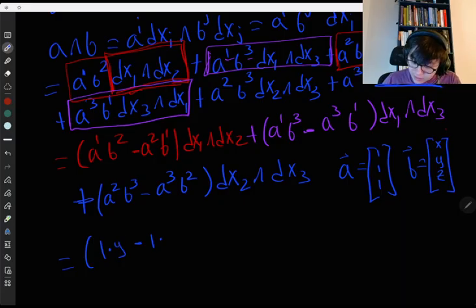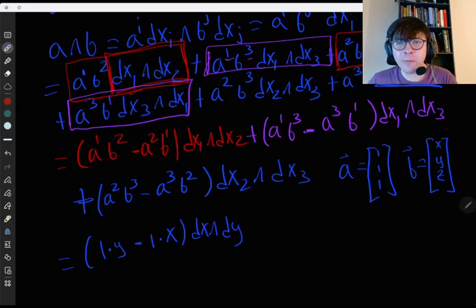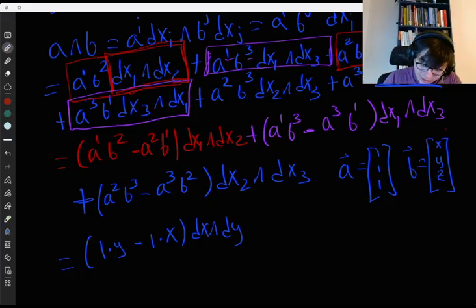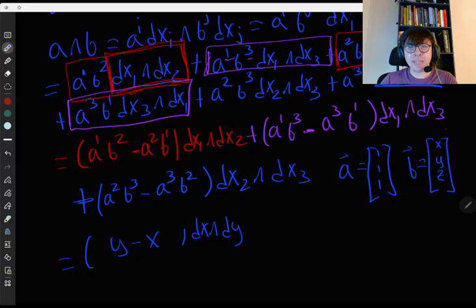Y minus x dx wedge dy. So you're starting to see that this is kind of looking a little bit like the cross product above. Here I'm seeing that I have a y minus x. That's a good sign, right? If you were doubting that this formula could ever reproduce the cross product, now you might be a little dubious of your doubt, because that y minus x kind of looks familiar above, but it gets even better.